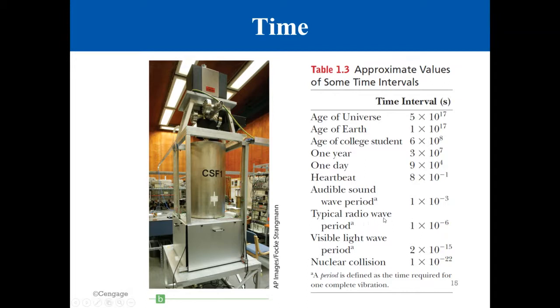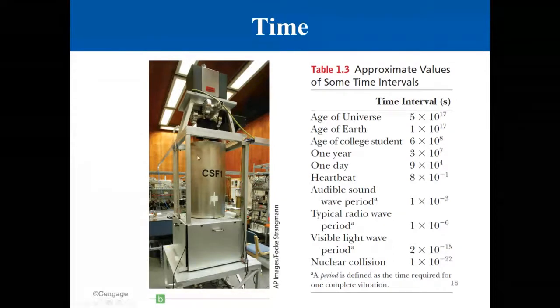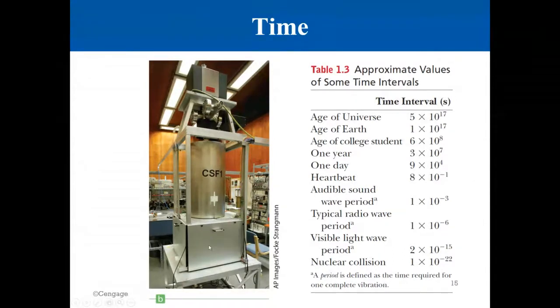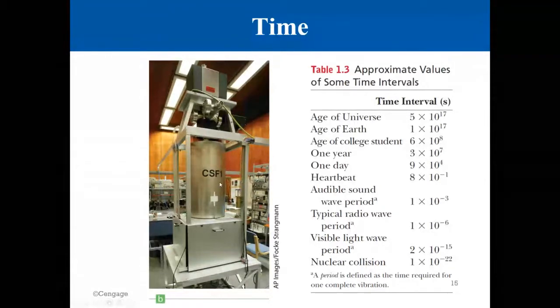A typical radio wave period is 1 microsecond. For a nuclear collision, a typical value is 1 by 10 to the minus 22 seconds. Just to give you an idea about the scale of things that we measure when we use time. This is the image of the cesium clock that is used as a reference for time.